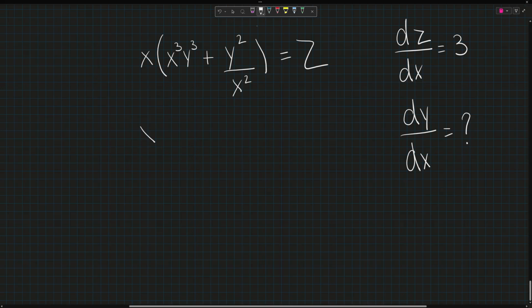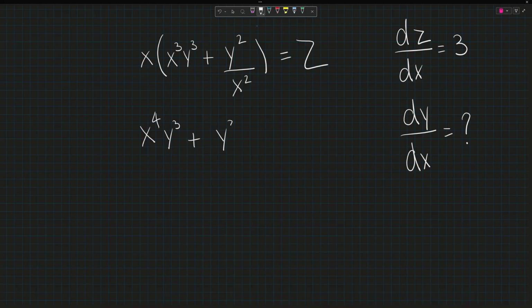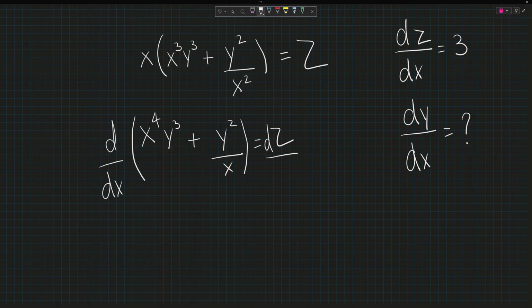So when I simplify, I get x to the fourth, y to the third, plus y squared over x. Now I take the derivative of both sides, so I'm going to get d over dx, parentheses, and then dz over dx.